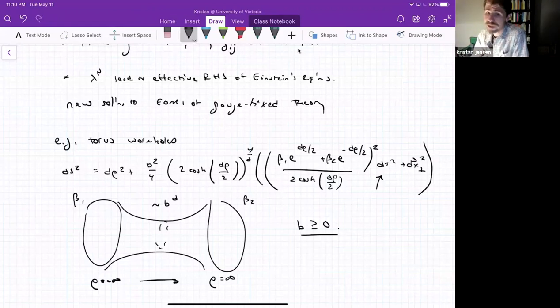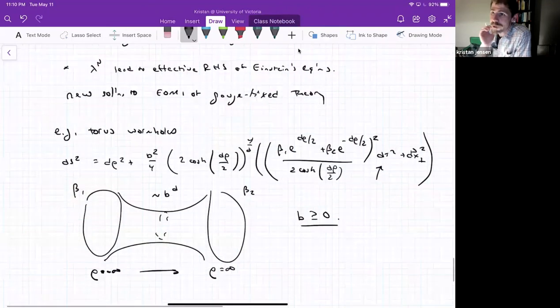But when it comes to looking at the spectrum of fluctuations, computing one-loop determinants, things are quite different in those two cases. Here, we've gauge fixed to radial gauge. If you've ever looked at fluctuations of Einstein gravity, all sorts of fluctuations will couple to each other.